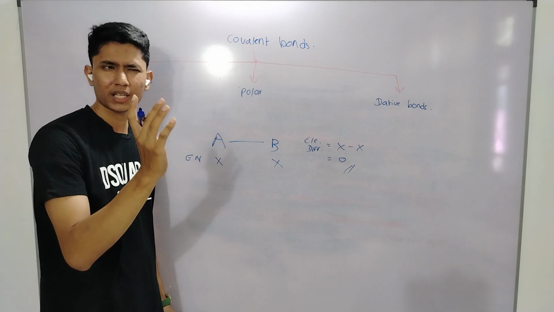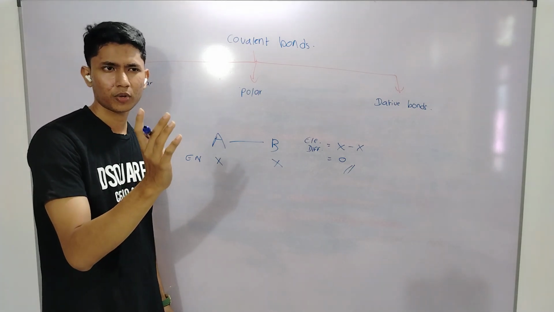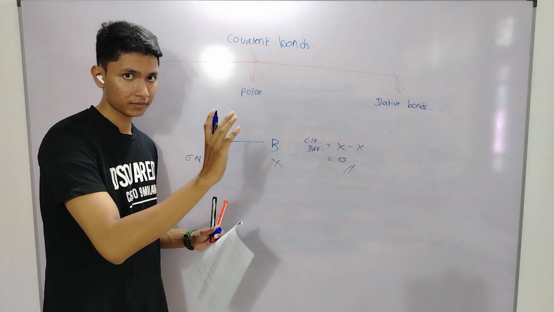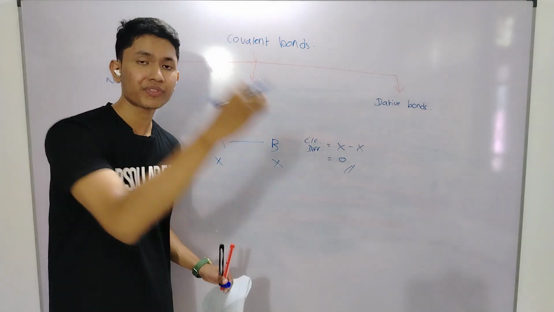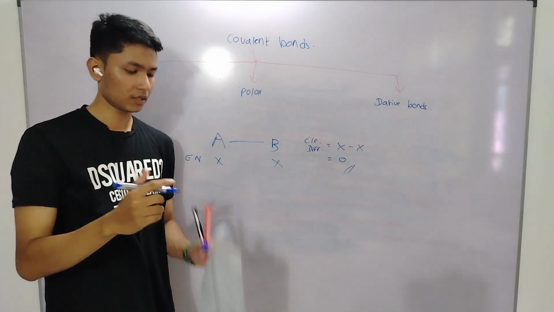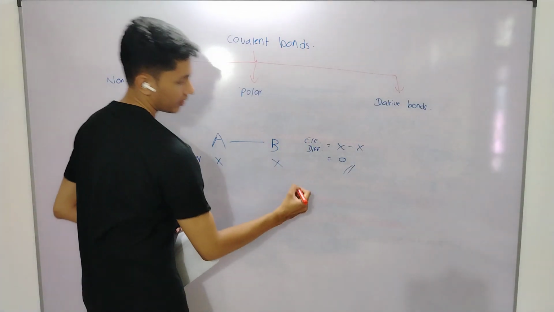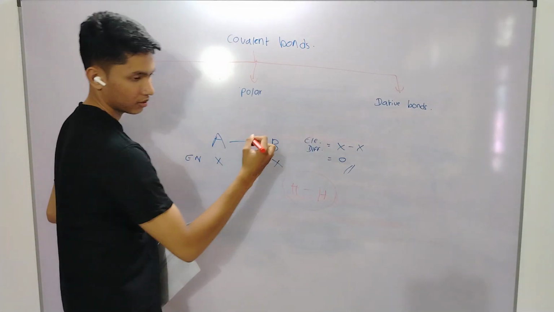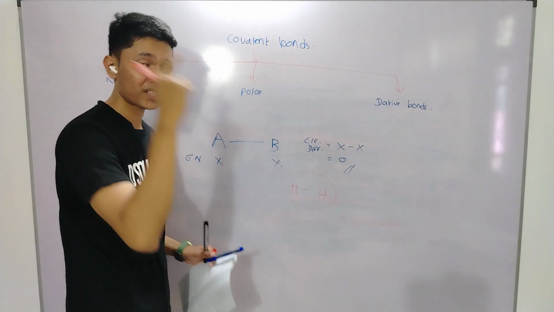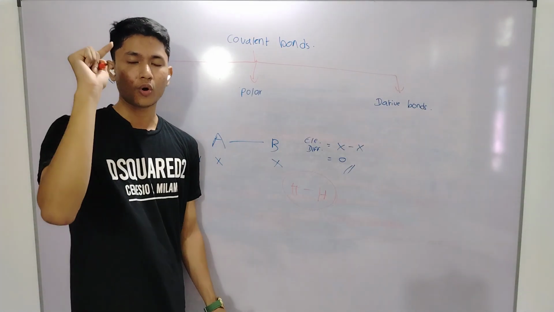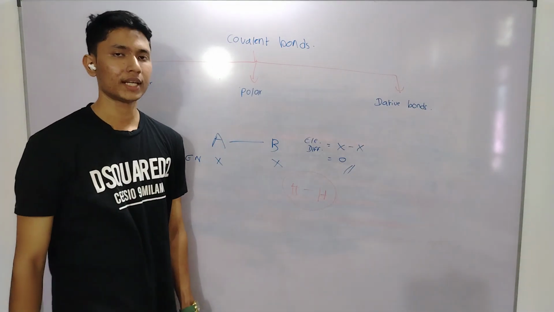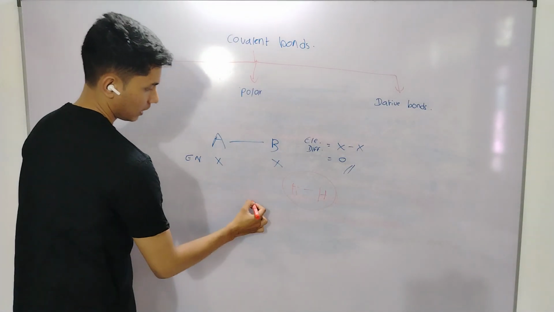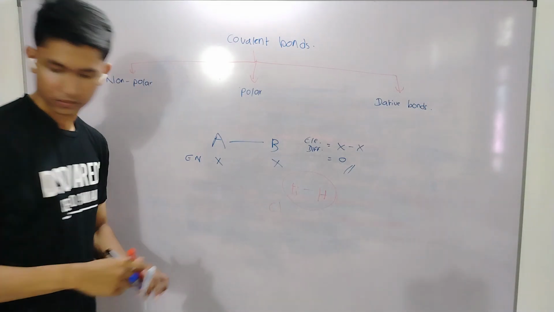An atom forms a bond with another atom of the same element, for example, a hydrogen atom forming a bond with another hydrogen atom.